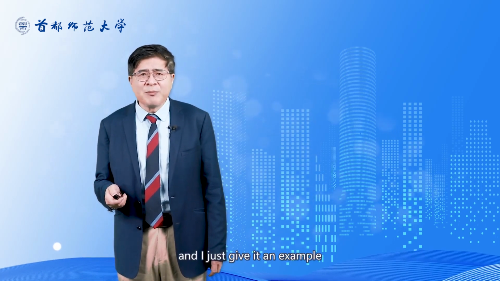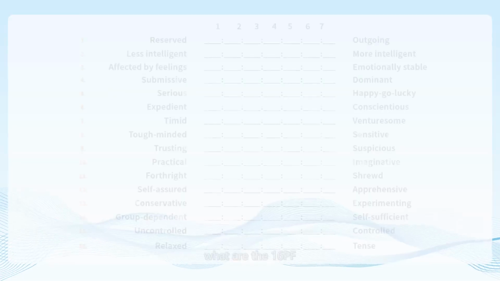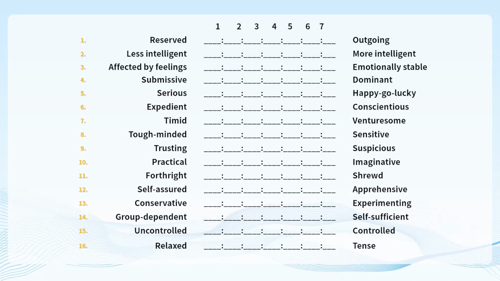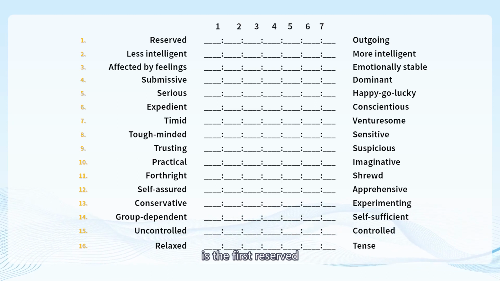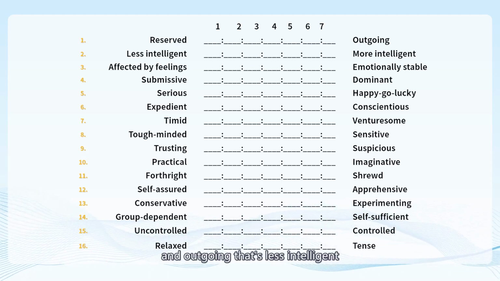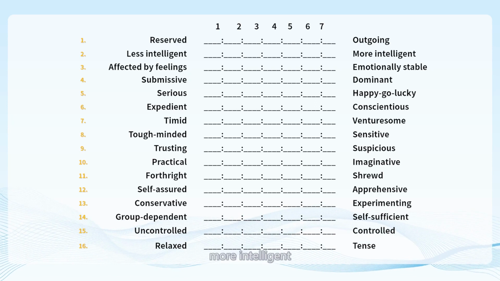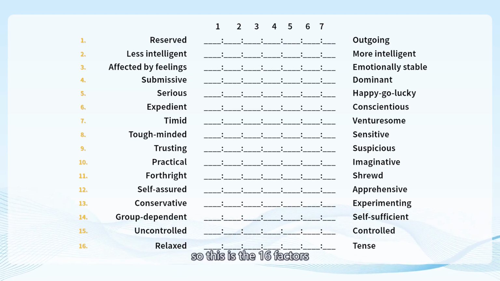And just to give you an example, what are the 16 PF? This is the 16 PF. You can see it's bipolar: on one end is reserved and on the other outgoing. Another is intelligent, more intelligent. So these are the 16 factors.